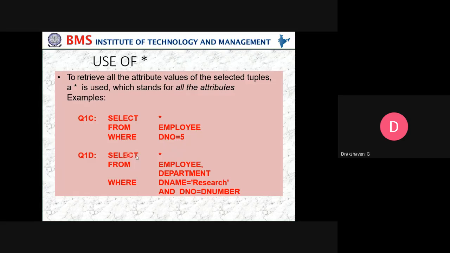In the same way, select star from employee, department where D name equals research and D number equals D number. That is the use of star.